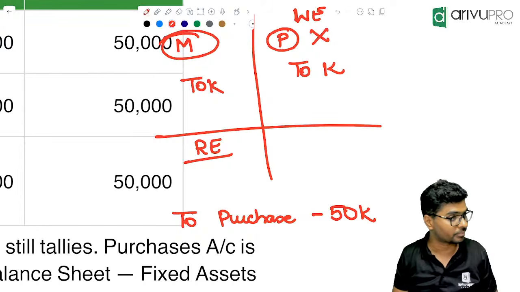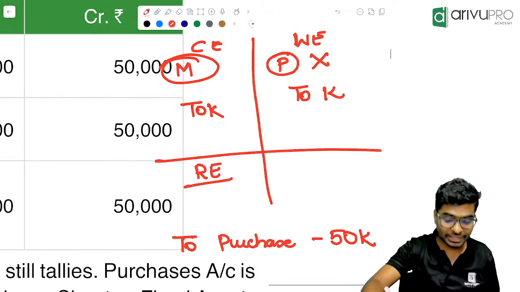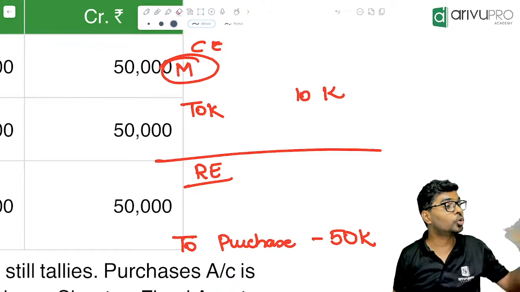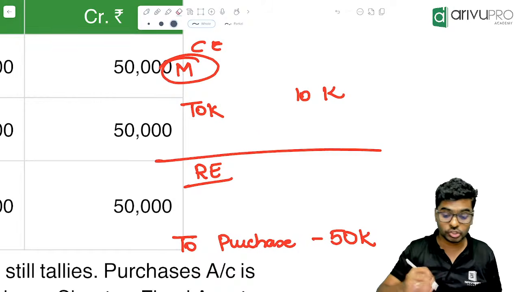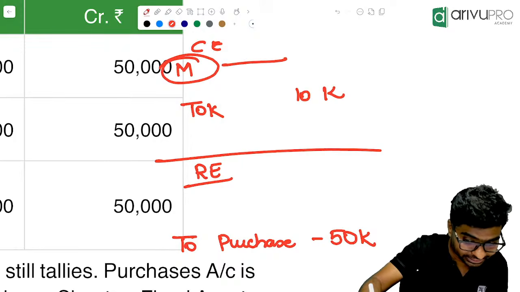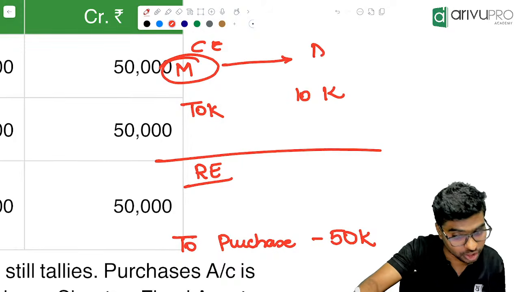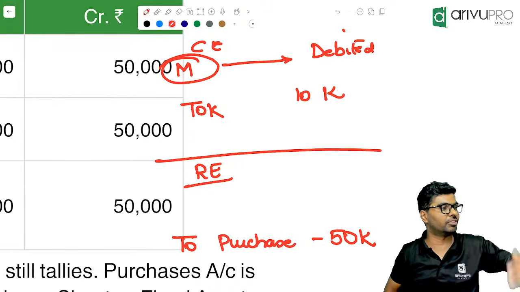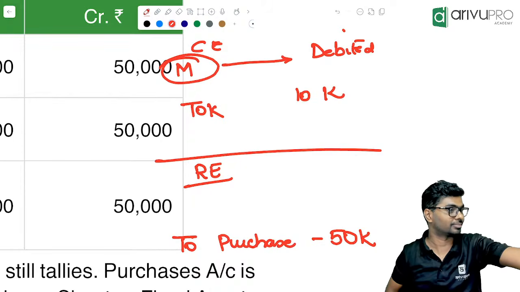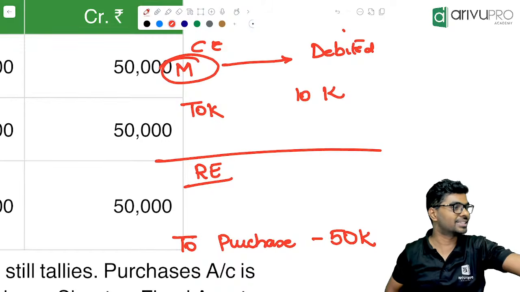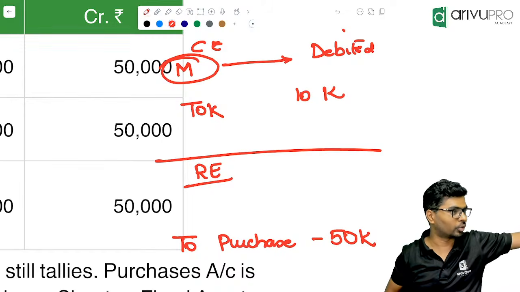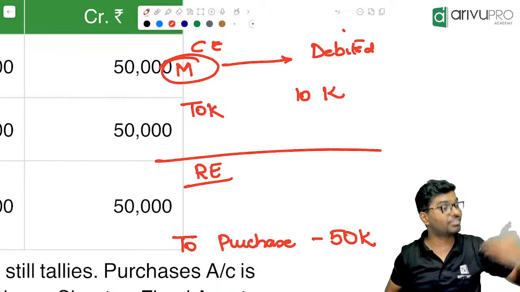Did you understand? Now that means in this entry, this guy is gone. Who should be in his place? So the machinery account will come and take over his place. It is like replacing: you get out, I will sit. So when he is thrown out by crediting it, I will come and take his place.